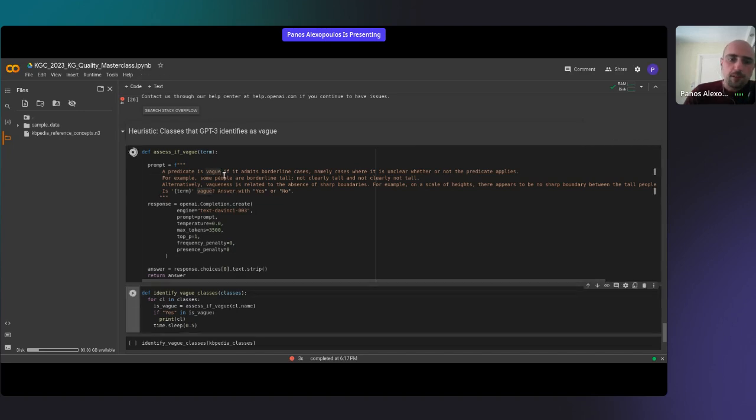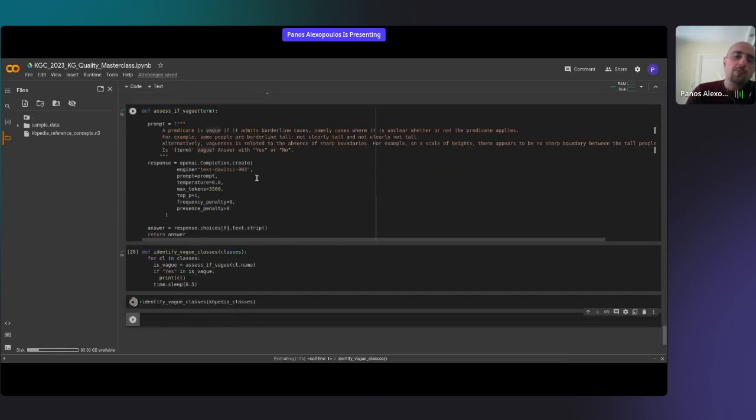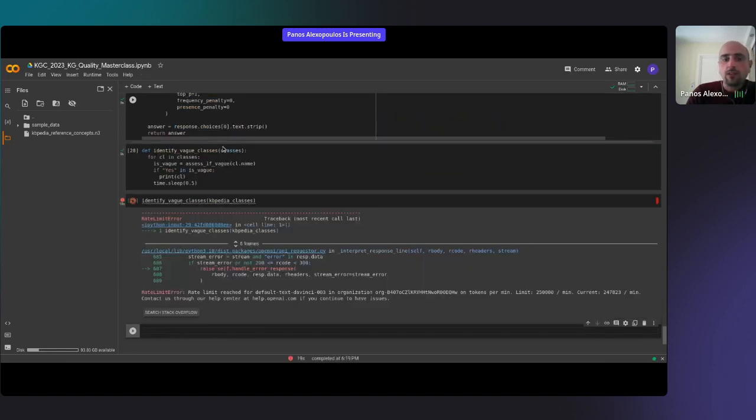And then I take the class names and pass them to GPT-3. I'm not sure if it's going to work now, but if it works, it should print those class names that GPT-3 believes are vague. One way to make this even smarter, to help GPT further, would be to give it as input, along with the class name, also the definition that it may have.